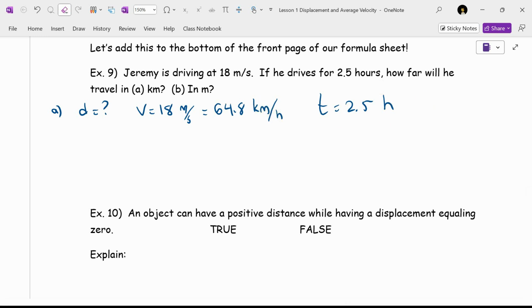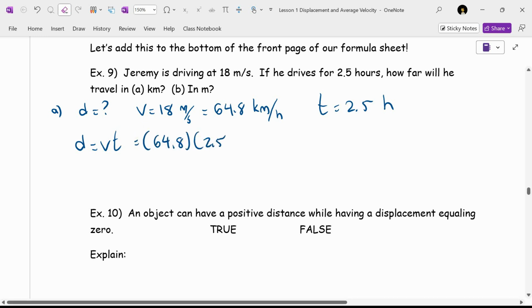I'm good to go. I'm looking for an equation that's got a D, a V, and a T in it. Well, right now you kind of only have one. You're going to say, hey, D equals VT. Eventually we'll have more, but I'm building the pattern of thought. So it's going to be 64.8 times 2.5. What will the distance be?